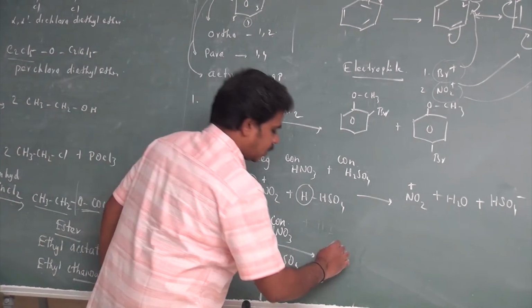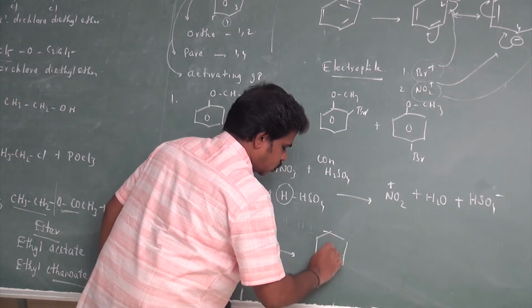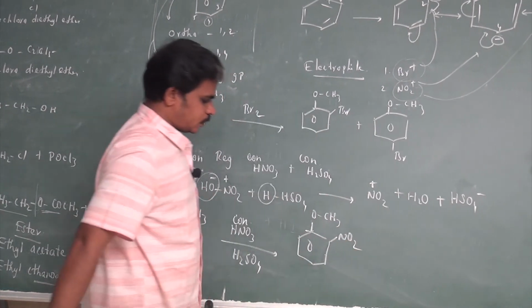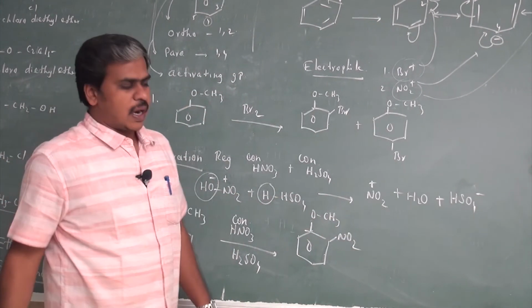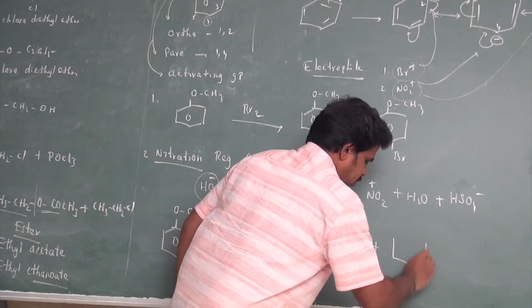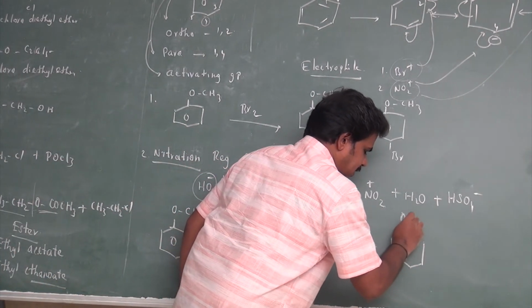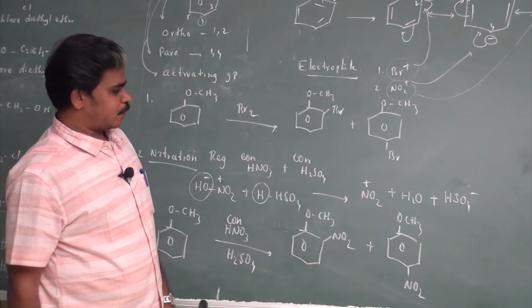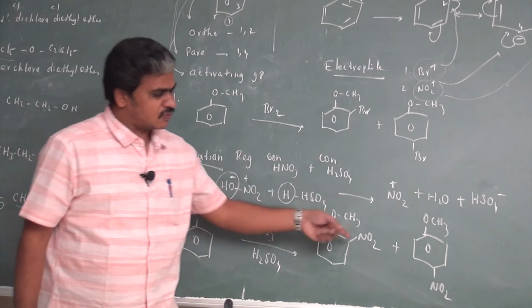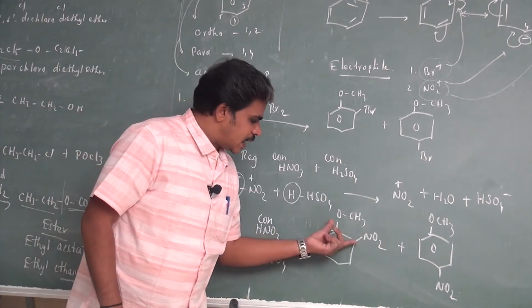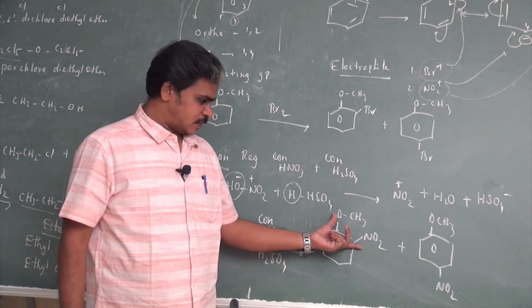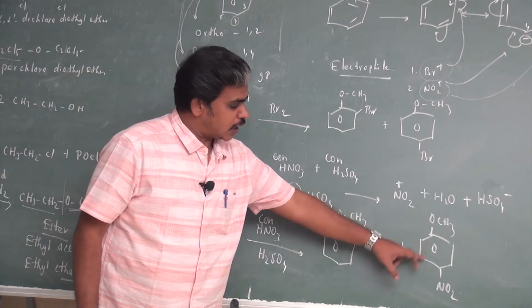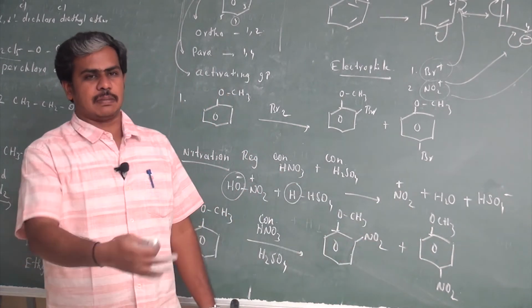Then we get two products: here OCH3 and here NO2, ortho-nitroanisole, and one more product, OCH3 and here NO2, para-nitroanisole. Among these, which one is most stable? Ortho experiences steric interaction, but para does not, so para-nitroanisole is the most stable product.